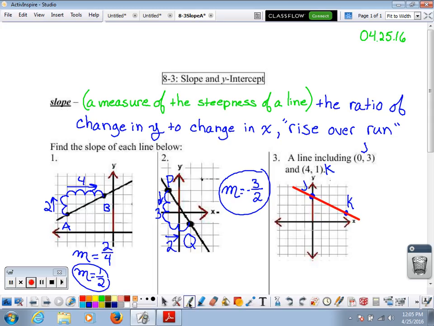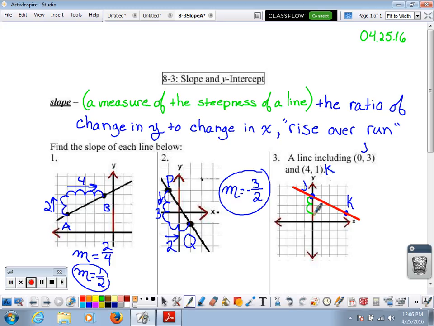Now, I want the slope of that line. So, how many steps up or down? Three steps down, and then 4 steps over. Does that put me on the same point? No. How many steps down? Just 2.